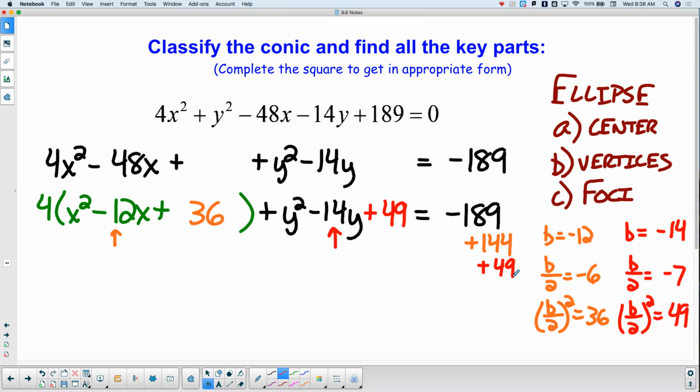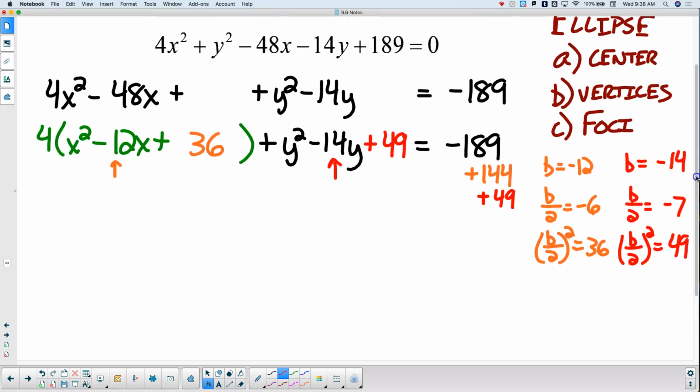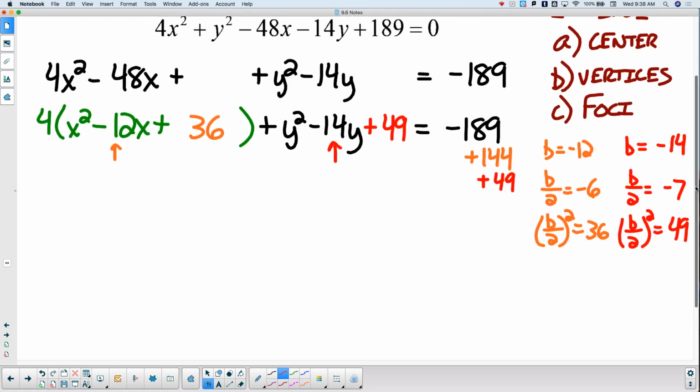With me so far? Okay. So now I can factor the green part into 4 times the quantity of what?